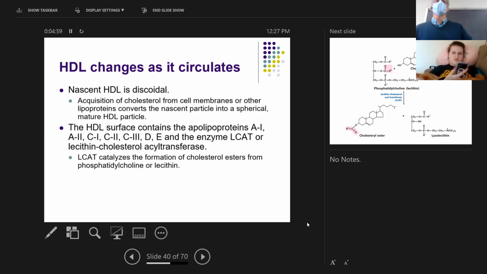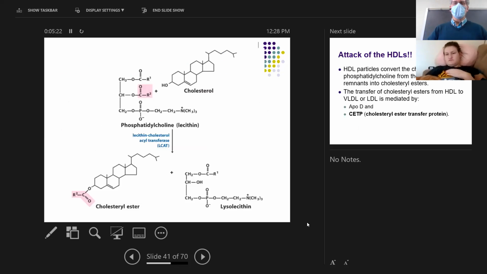It was thought for years that when plaques formed, they formed permanently. Now it's very clear that plaques can shrink. And it's very clear they do so by means of an HDL-dependent mechanism. So they take unesterified cholesterol, they use this LCAT enzyme, the lecithin cholesterol acetyltransferase.